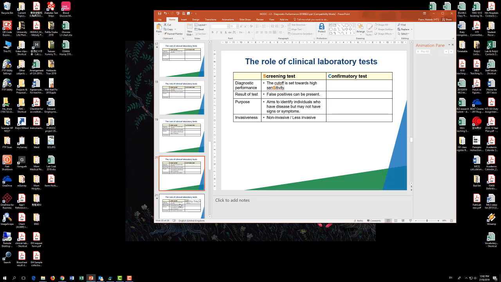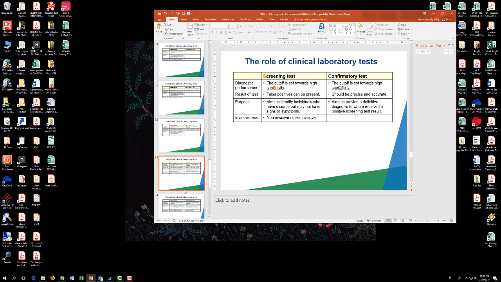So when the screening test has a positive result, we will proceed to confirmatory tests. These tests will have a cutoff set towards high specificity. These tests should be precise and accurate to avoid any false results.